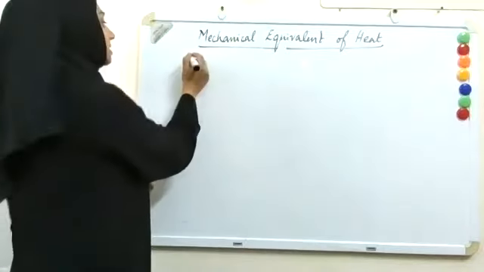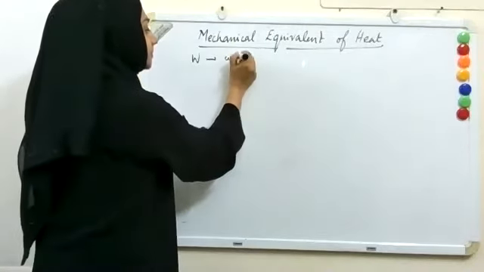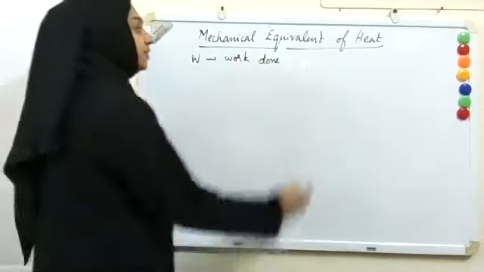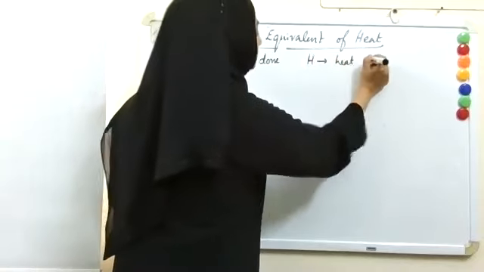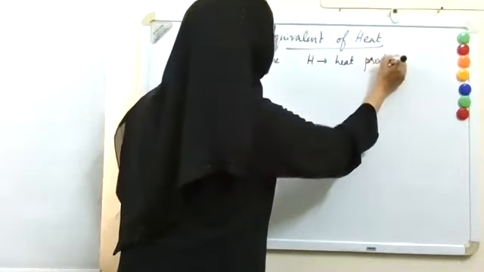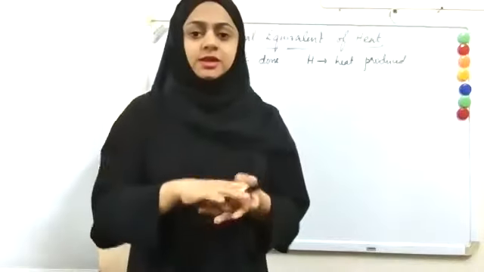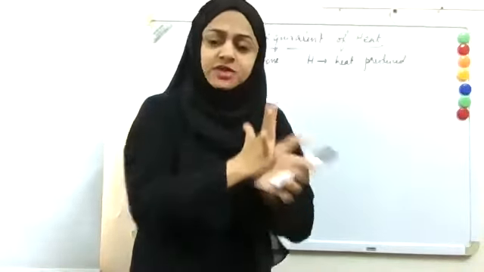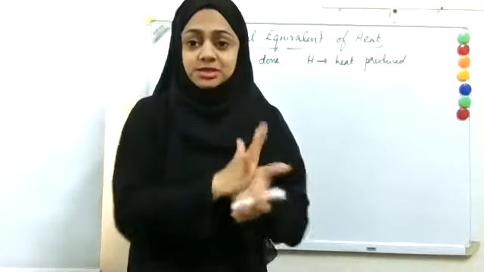Suppose the work done is W, and the amount of heat produced is H. For a simple example, let me just rub my hands together. After some times, I'm feeling hot. You can try that yourself.